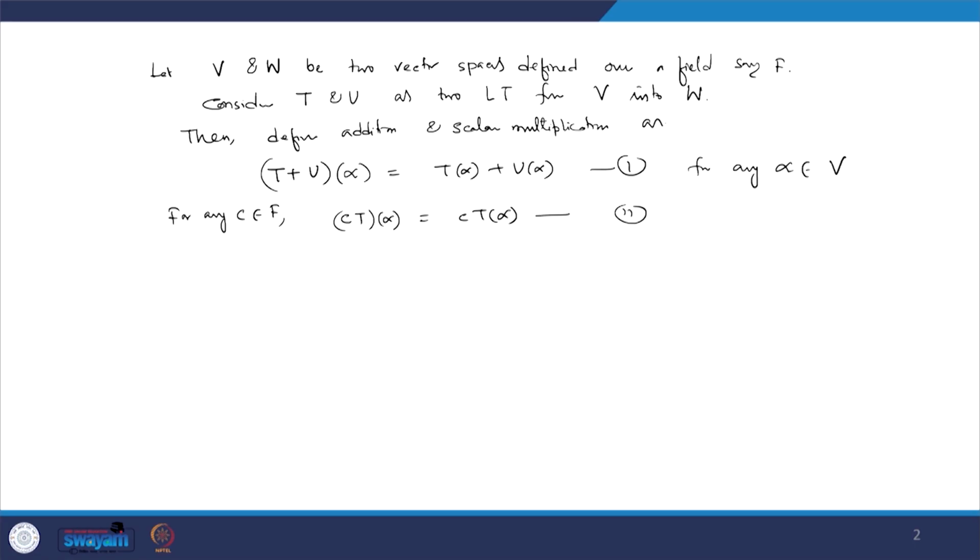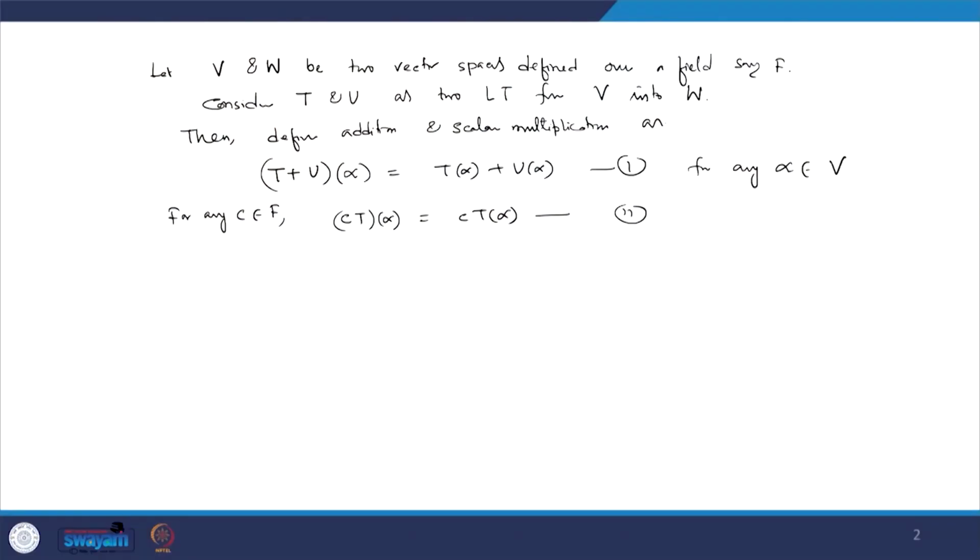But here I am not talking about T and U being any functions, I am saying that T and U are linear transformations from V to W and we have defined the sum of two linear transformations T and U as T plus U of alpha equal to T alpha plus U alpha, and for any C belongs to capital F, C T alpha is equal to C of T alpha.